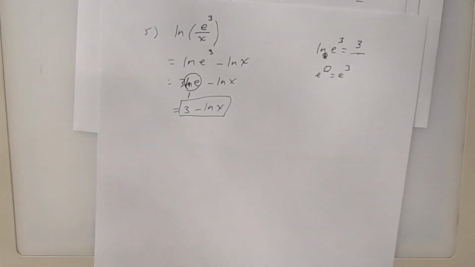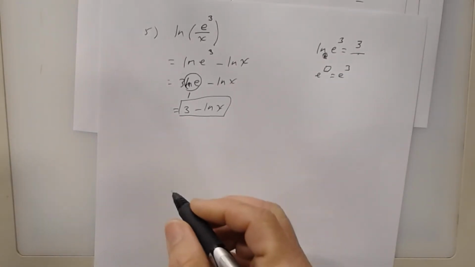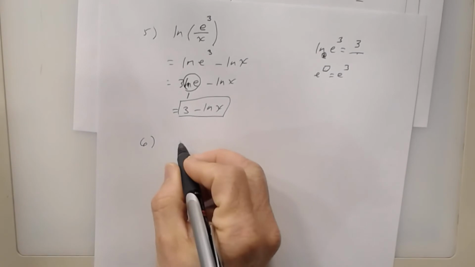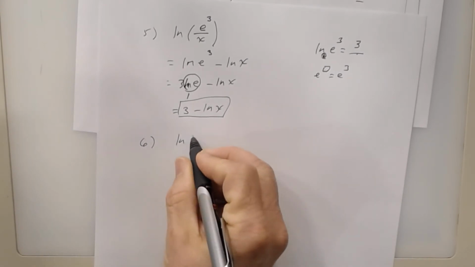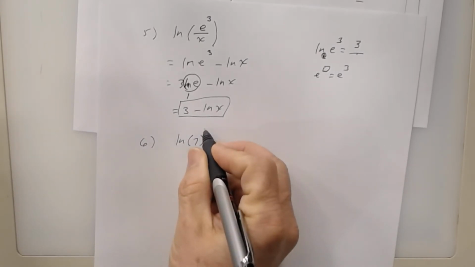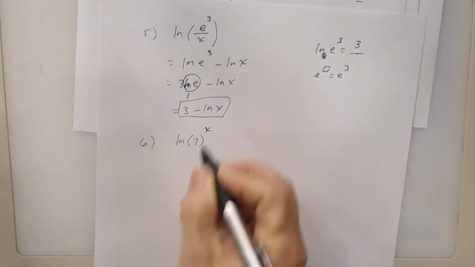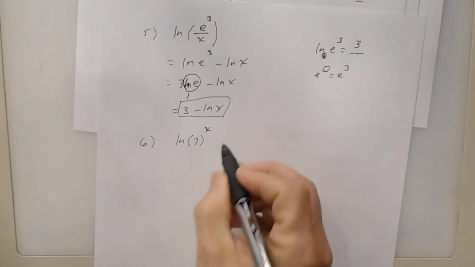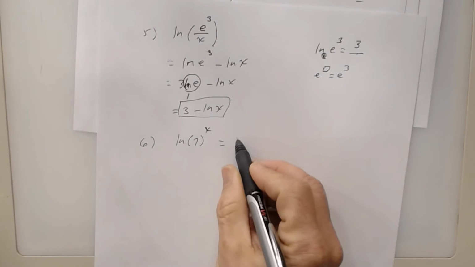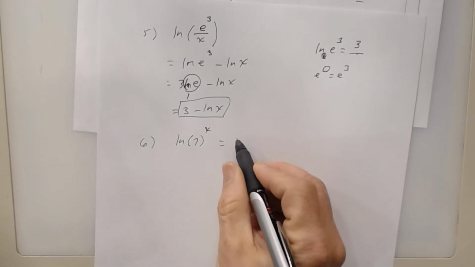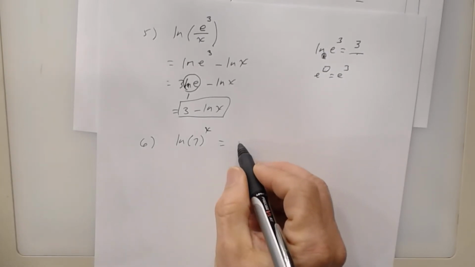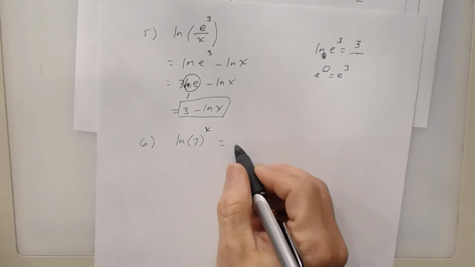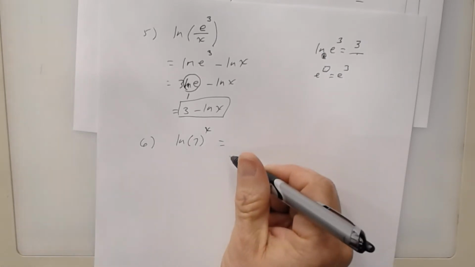Okay? All right, what if you had this? The natural log of 7 raised to the x power. What's that equal to? Don't make it complicated. The power rule.